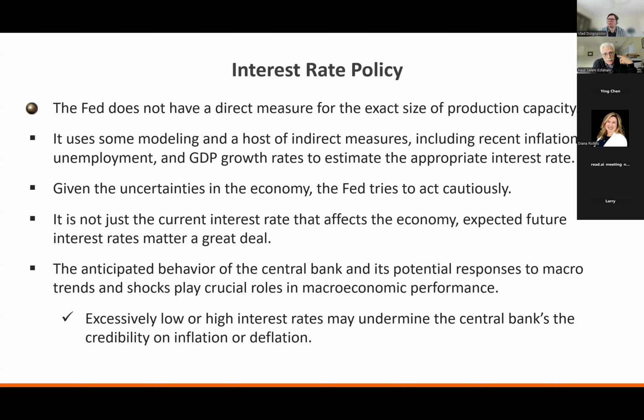The anticipated behavior of the central bank and its potential responses to macro trends or macro shocks play crucial roles in macroeconomic performance. Excessively low or high interest rates may undermine central banks' credibility on target inflation or expectation of deflation.